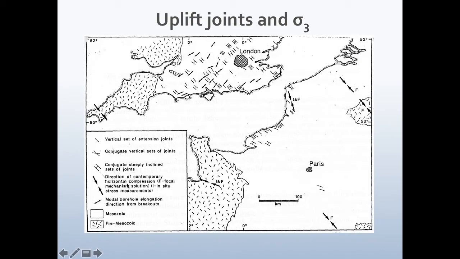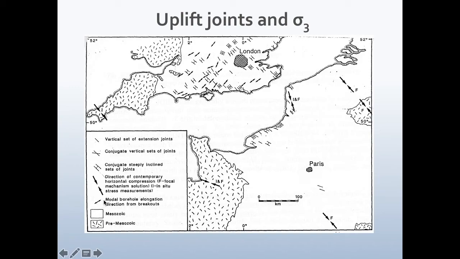But there's two other things we can look at. One of them is related to earthquakes, which can tell us an idea of a stress direction. These are shown as the big arrows. And the other one is borehole elongation. When drill holes are made for various purposes, water wells, oil wells, they will often collapse or fracture.